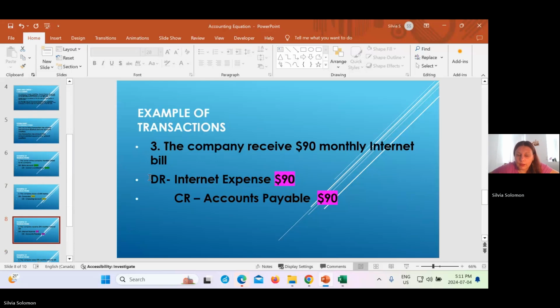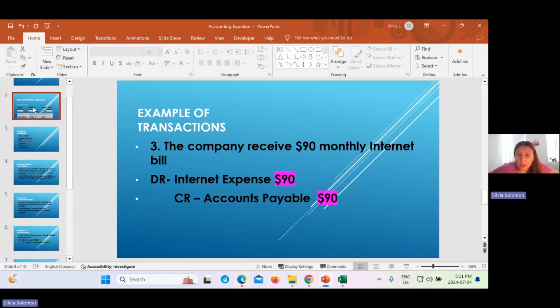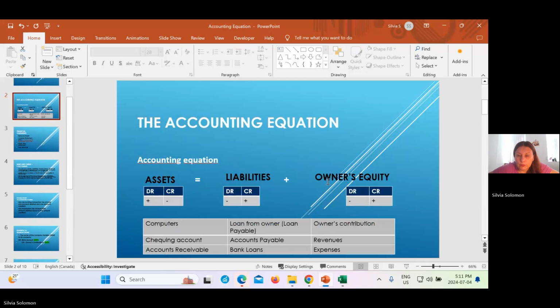As I said, the expense is a type of account that we're gonna see on the income statement, profit and loss. And as I said, an expense is gonna decrease, it's gonna lower the amount of the owner's equity. So the owner's equity usually increases by the credit, but these expenses are really working against the owner's equity.